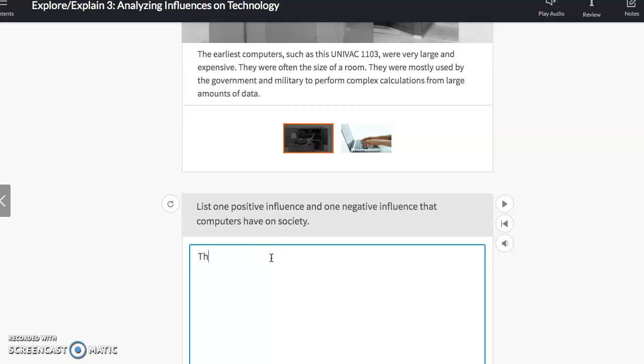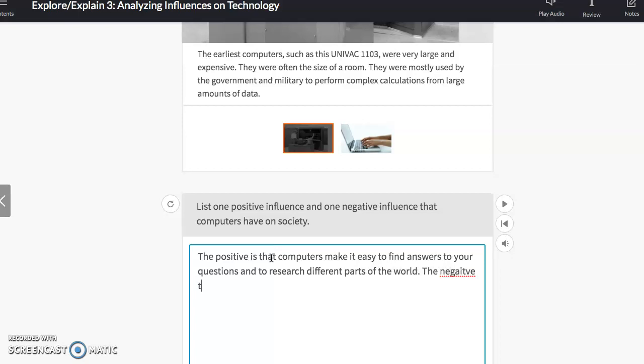So the positive is that computers make it easy to find answers to your questions and to research different parts of the world.